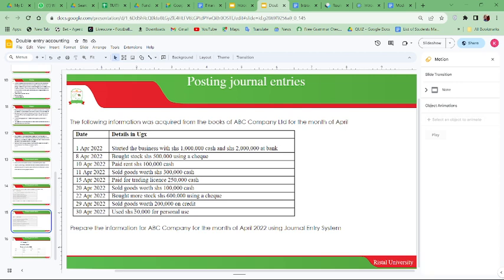Drawings is the amount withdrawn for personal use, it might be withdrawn by the owner of the business or by the manager. So we are going to debit drawings and credit cash.